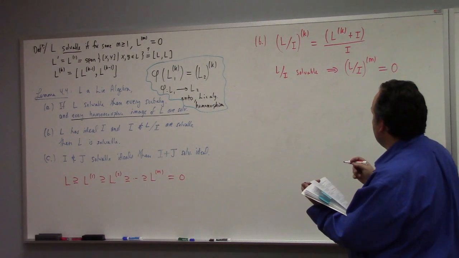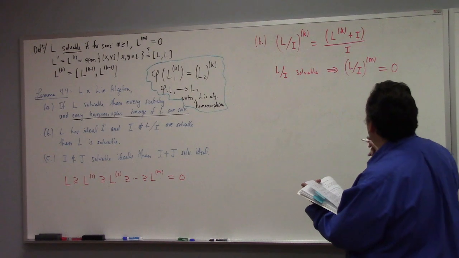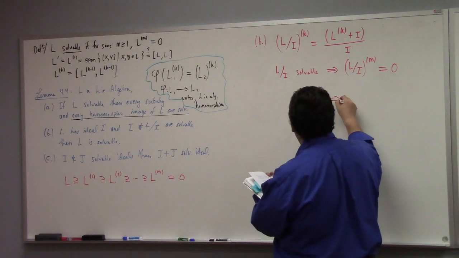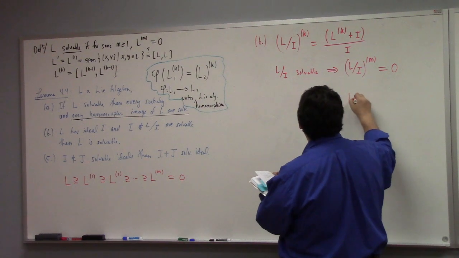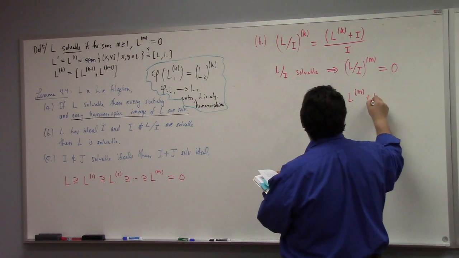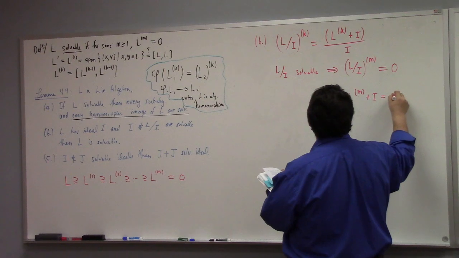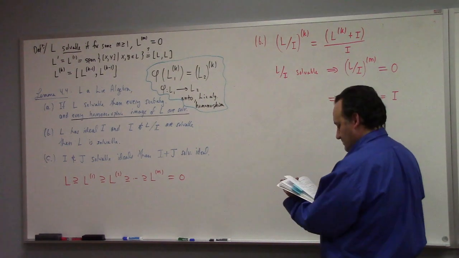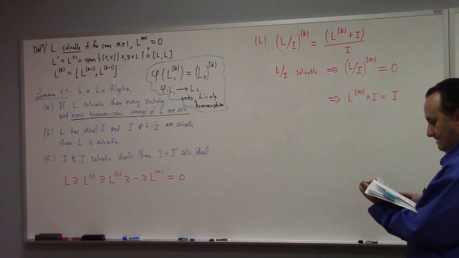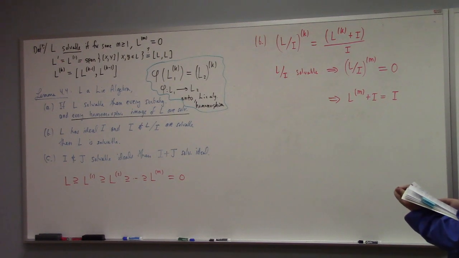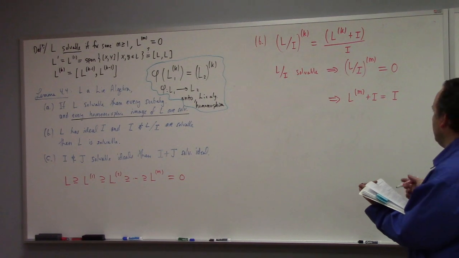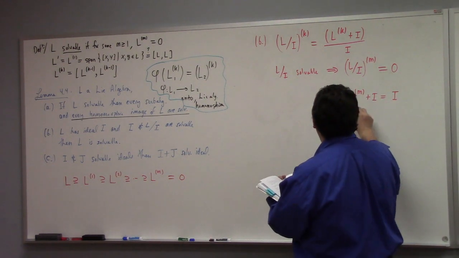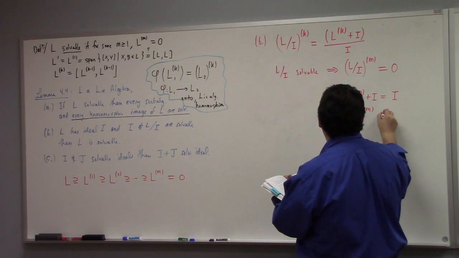So if that's the case, that implies that L^(m) plus I is equal to I again. In other words, the mth derived series of L is a subset of I.